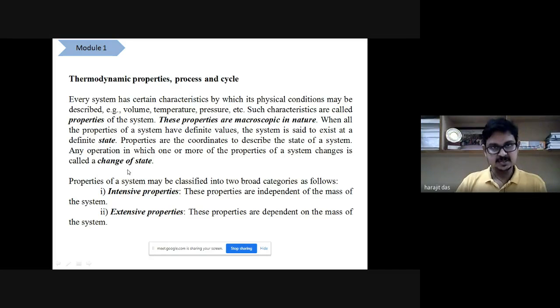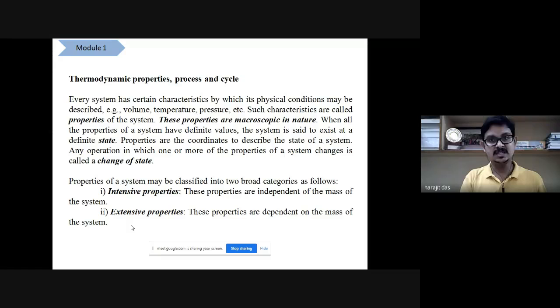Properties of the system may be classified into 2 broad categories: intensive properties and extensive properties. These properties, pressure, temperature, volume, density, enthalpy, entropy, can all be categorized into these 2 categories.